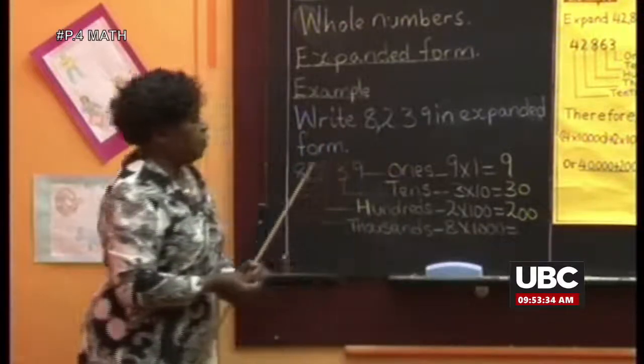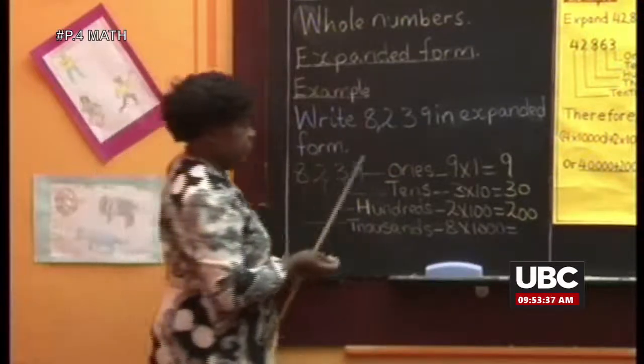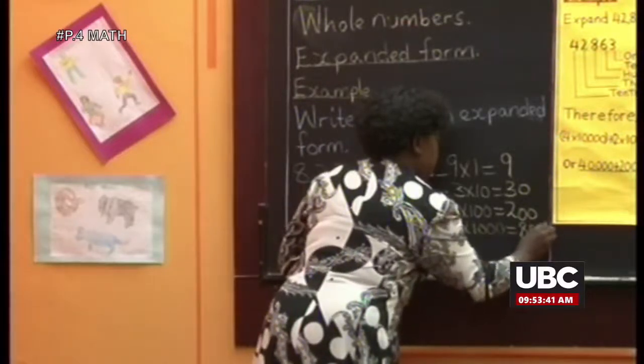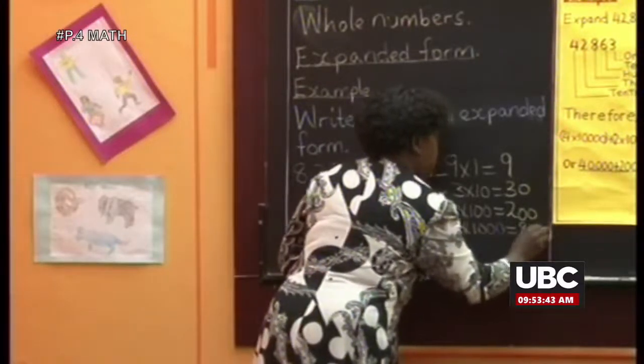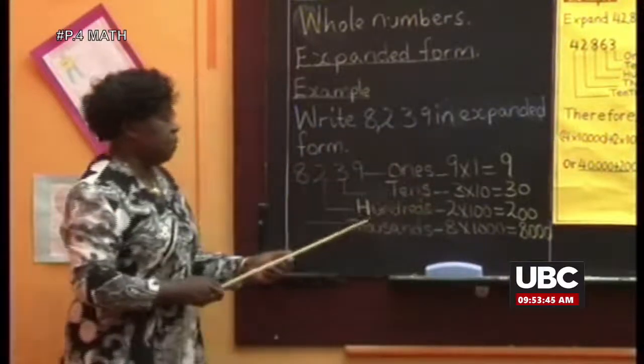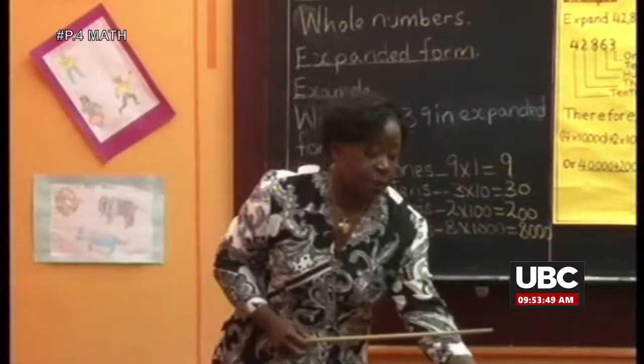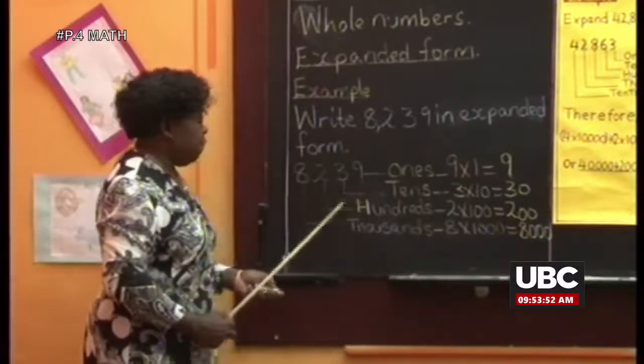And get a value of 8,000. After we've written in this form, we are now going to get down and write our answer in expanded form.